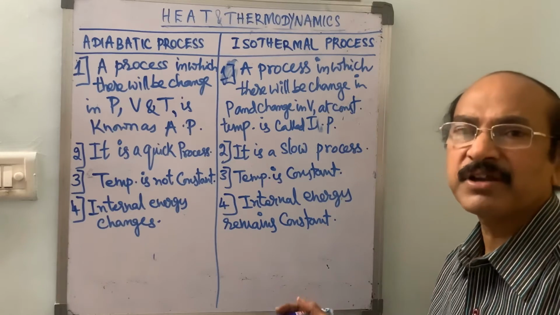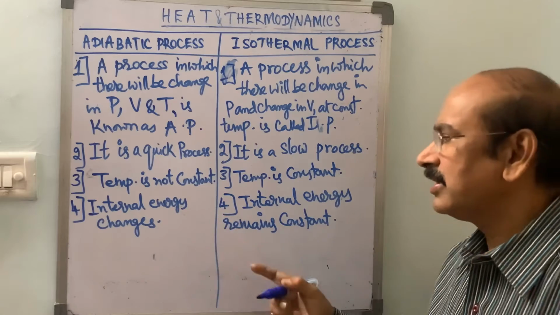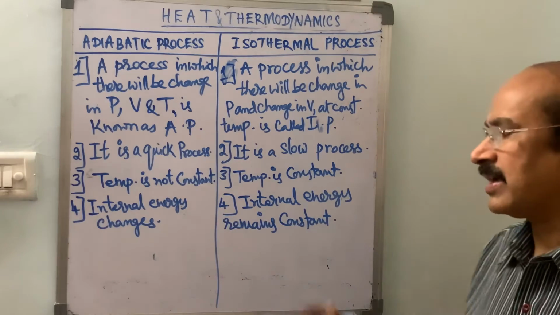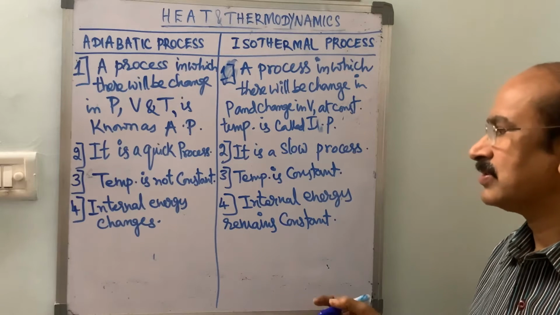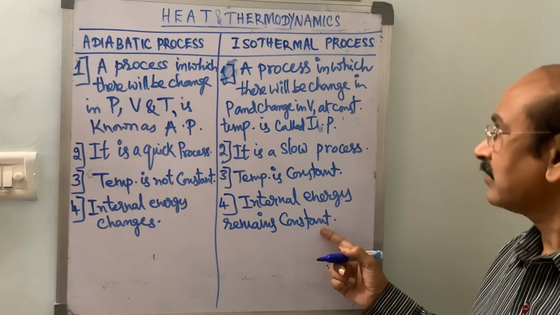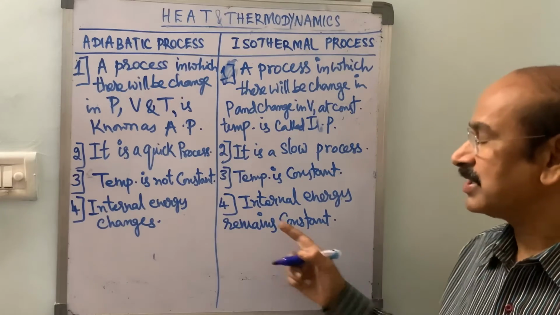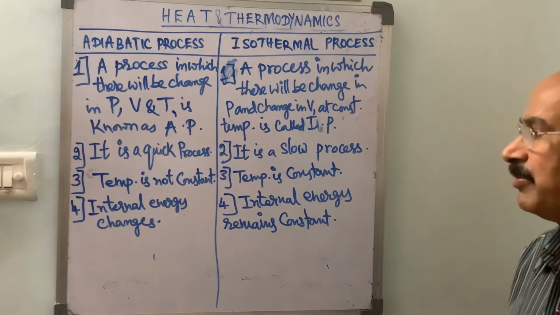The sum of internal potential energy and internal kinetic energy is called the internal energy of the gas or of the system. It is measured in joules. Internal energy in the isothermal process remains constant, and internal energy of the system changes in the adiabatic process.